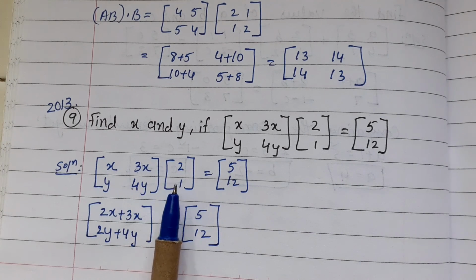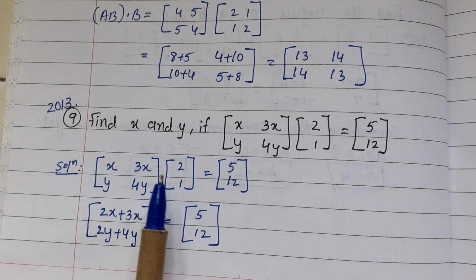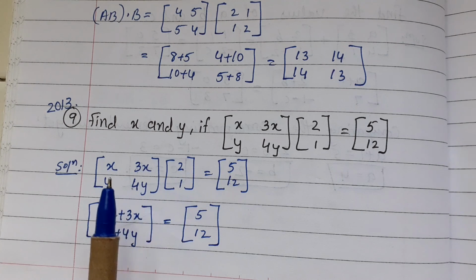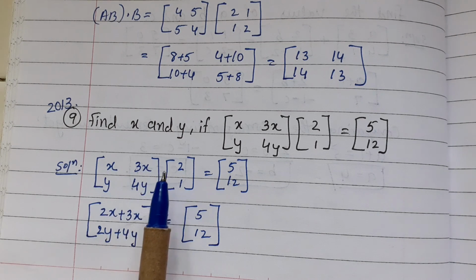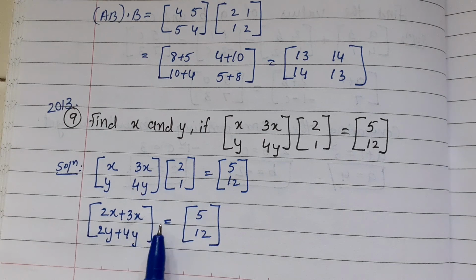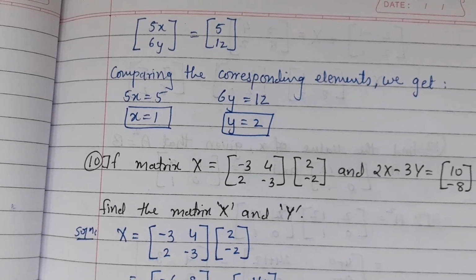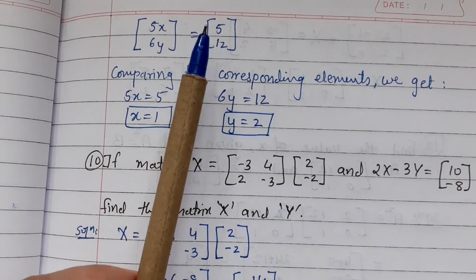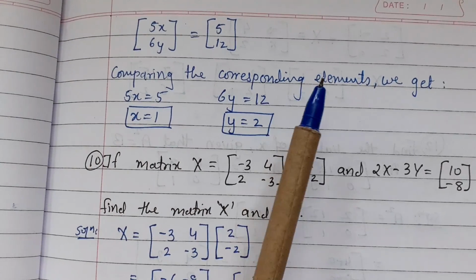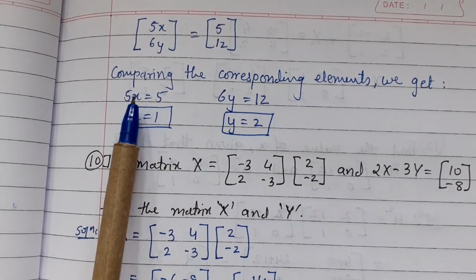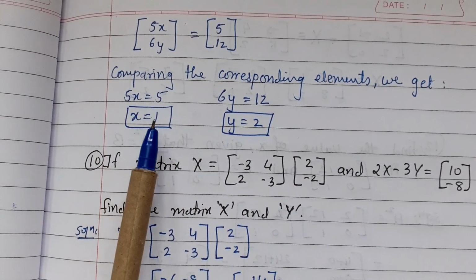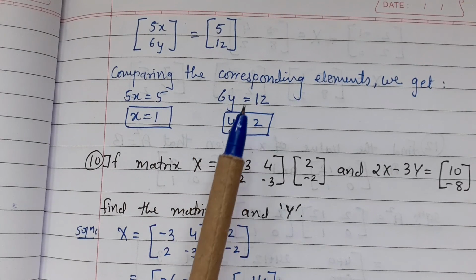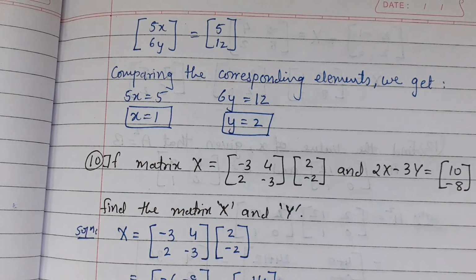First we will do the multiplication, which is 2 into x, 2x plus 3x, and then 2y plus 4y equal to 5 12. 5x, 6y equal to 5, 12. Comparing the corresponding elements, we get 5x equal to 5, x equal to 1, 6y equal to 12, y equal to 2.